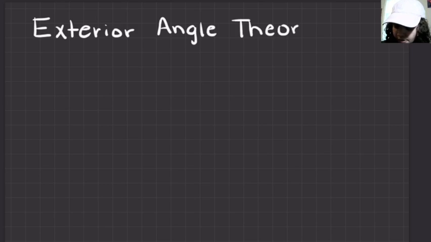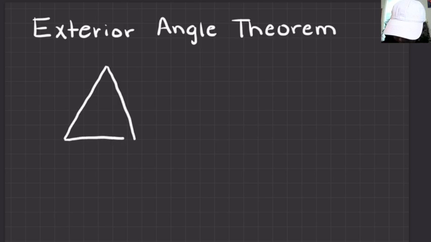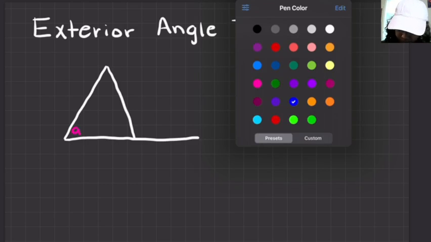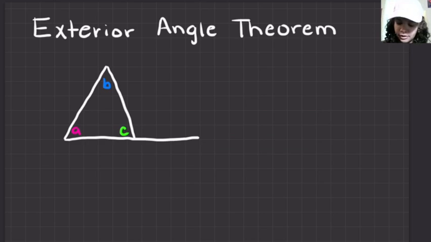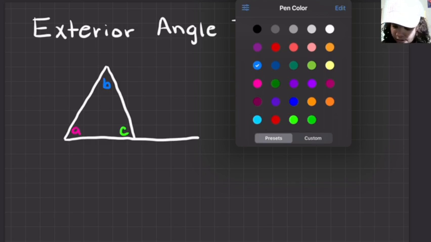And this theorem is usually introduced after you start talking about triangles. So exterior angle theorem is basically the idea that if I have a triangle, and let's say I have these angles A, B, and C inside of my triangle, and I decide to extend one of the sides of that triangle, so instead of stopping it here, I extended the side out here, there's an angle that's formed, an exterior angle, because it's no longer inside the triangle.